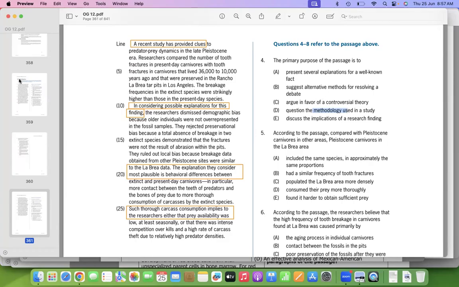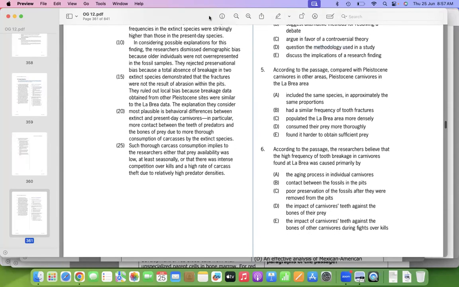Now, what are your answers for question 5? Others, what are your answers? D and B are the answers I'm seeing.